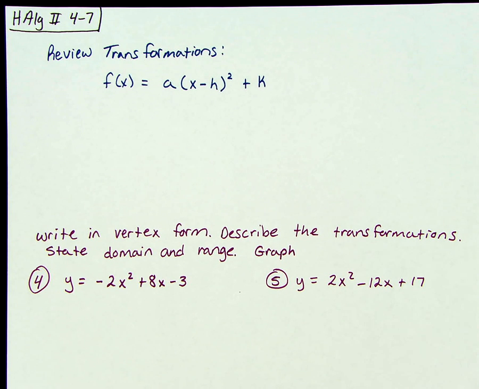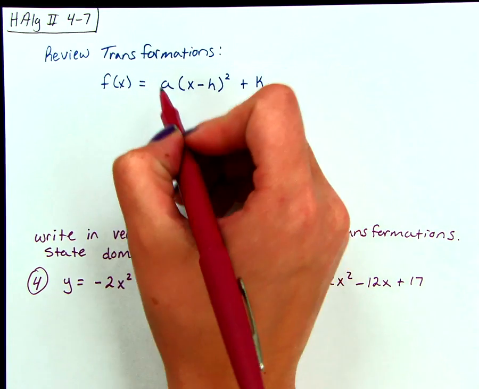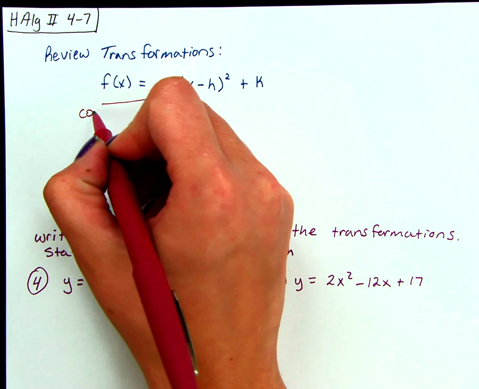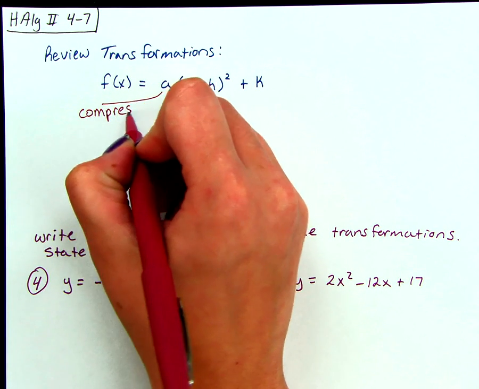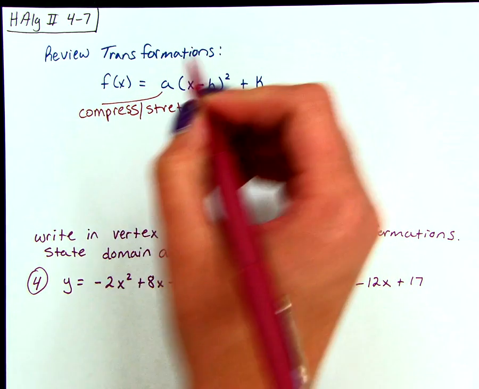All right, the next part of the lesson, we are going to review how to find transformations and to graph. So remember, for transformations, A affects the slope of our graph. So that's our compress or stretch. So remember, stretch flattens it.